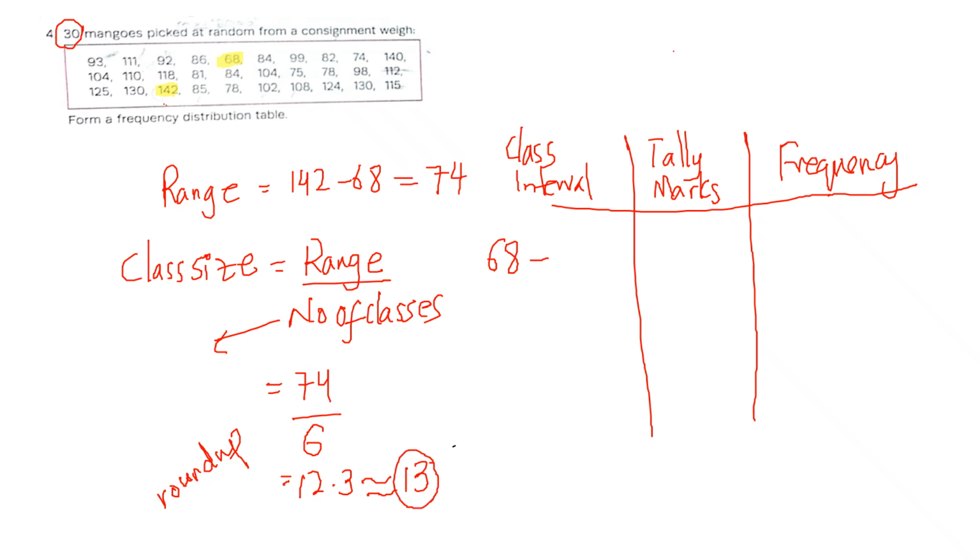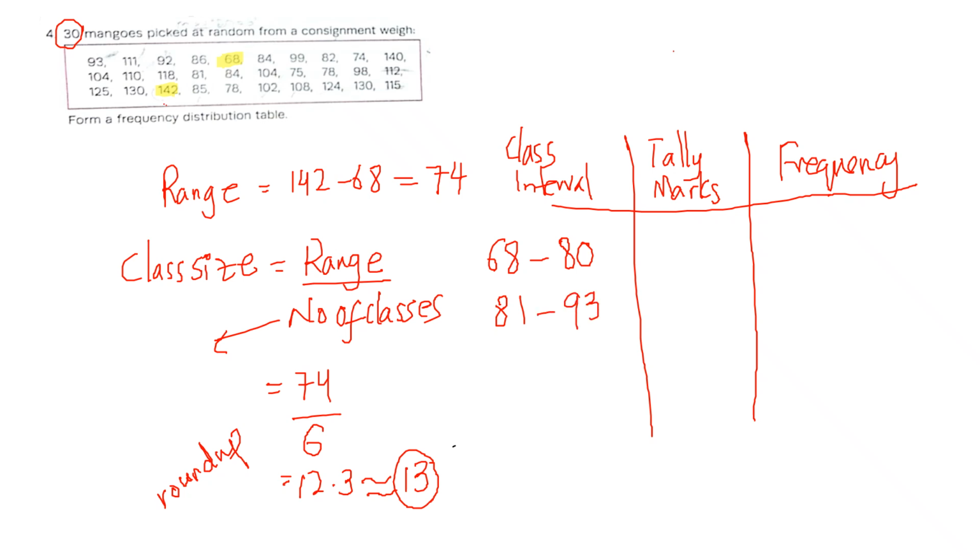So you will start counting from 68, 69, 70, 71, 72, 73, 74, 75, 76, 77, 78, 79, 80, right? You have to count 13 units, so it will be 80. Next interval you will start from 81 and it will go till 93.